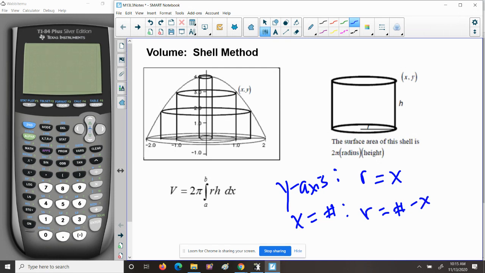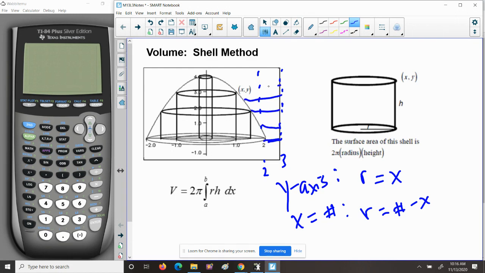Think about why. Let's pretend we're rotating around 3, and we need to find the radius. Well, the radius would go to wherever the function was.